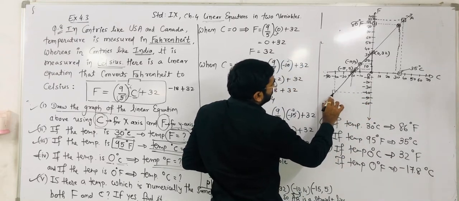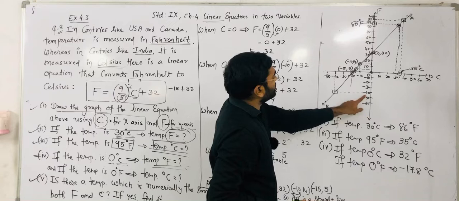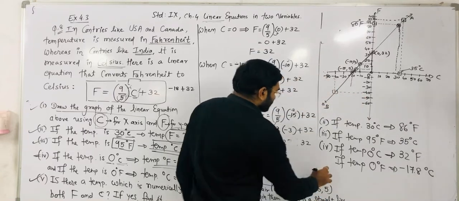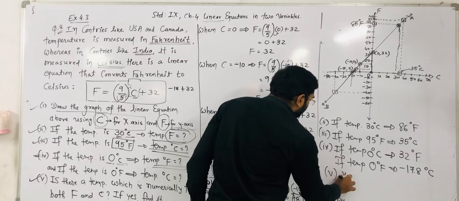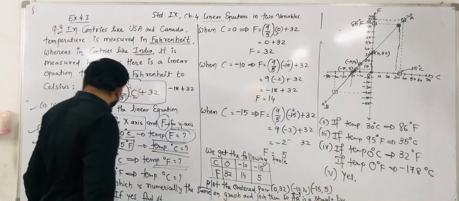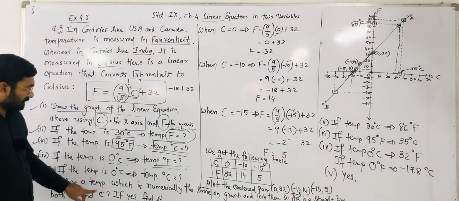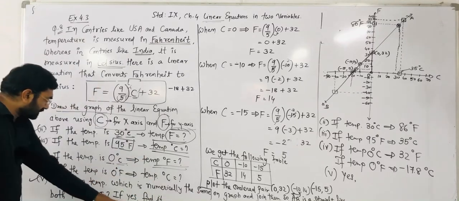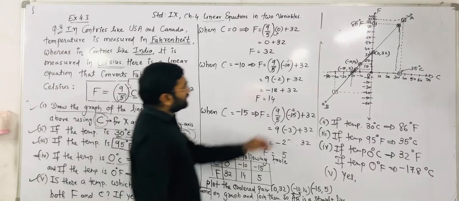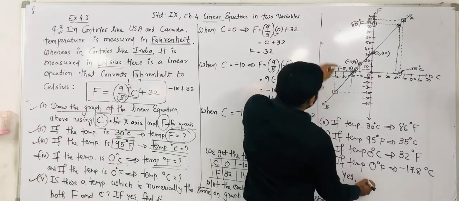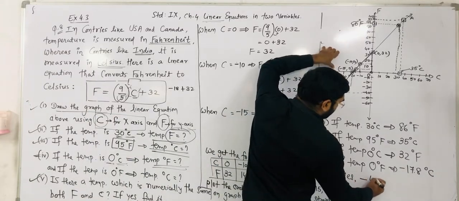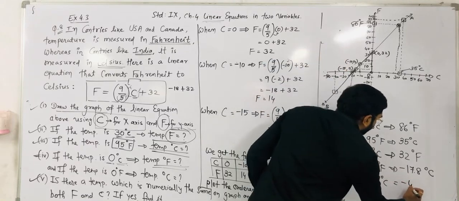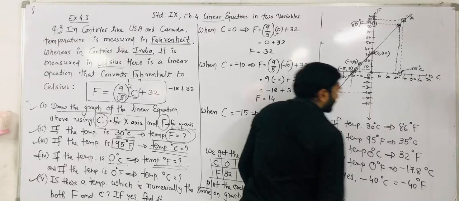So both Celsius and Fahrenheit become equal at that point. So our fifth question answer is yes. There is one temperature at which the numerical value becomes the same: minus 40 degrees Celsius is equal to minus 40 degrees Fahrenheit.